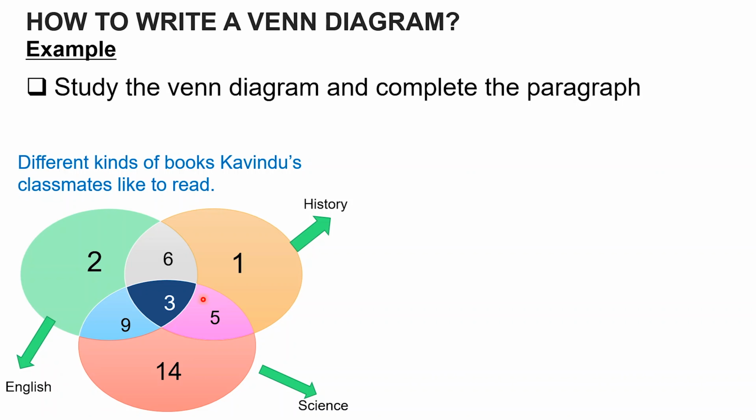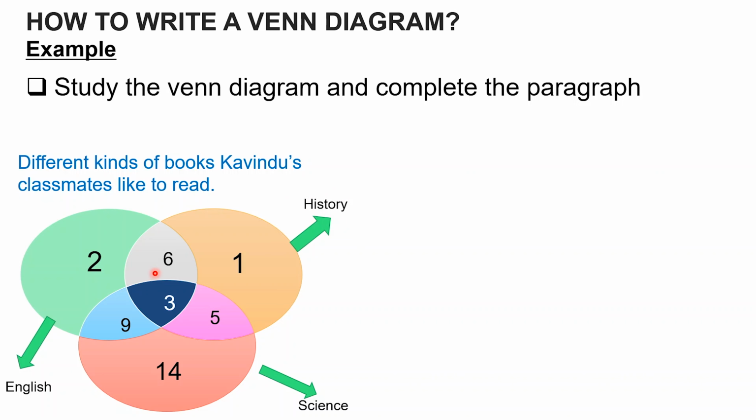English, history, science are the subjects. 2 students like to read only English books. 14 students like to read only science books and 1 student likes to read only history books.